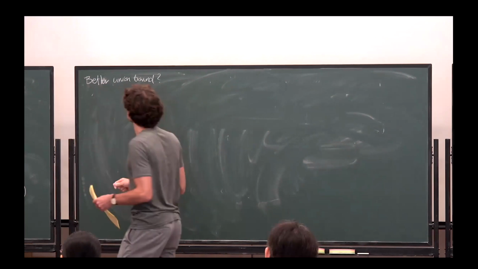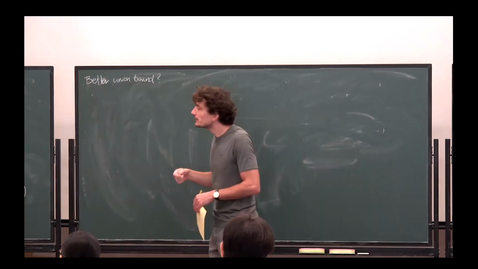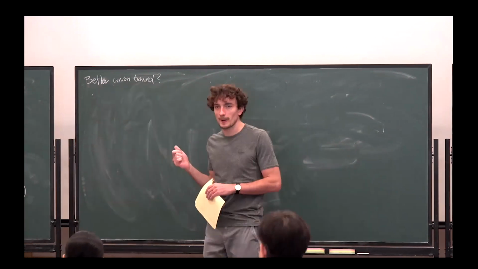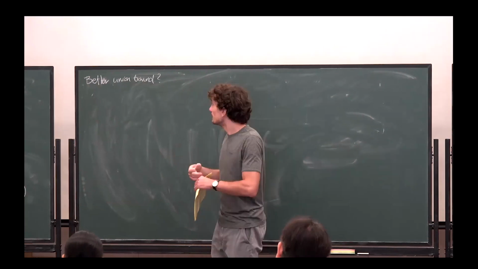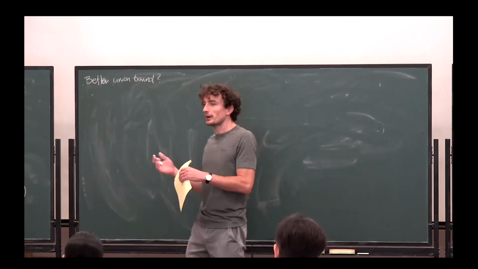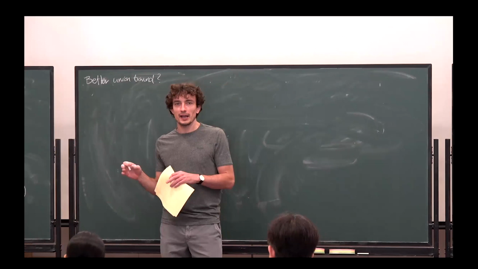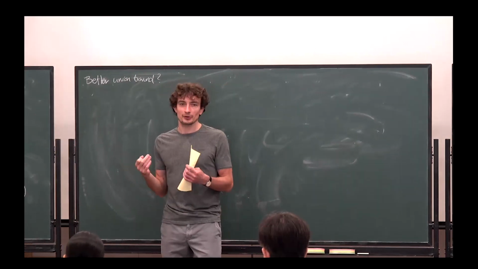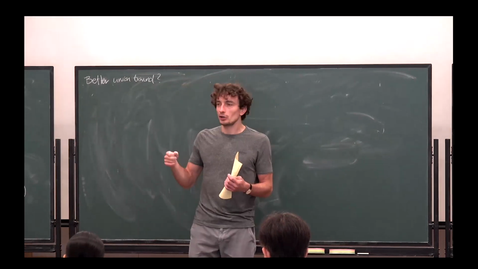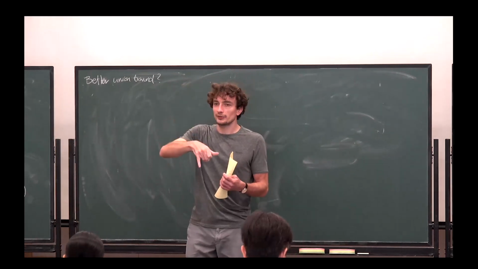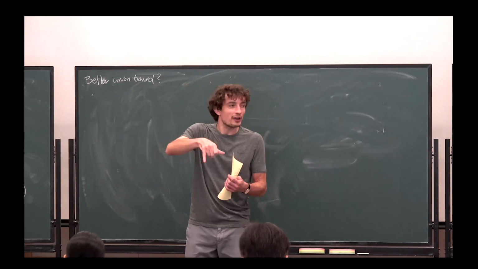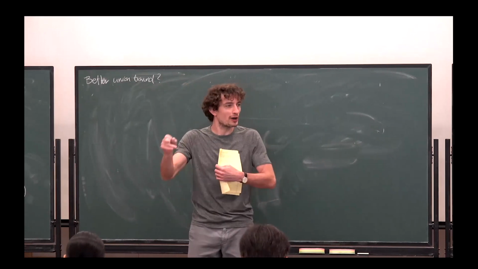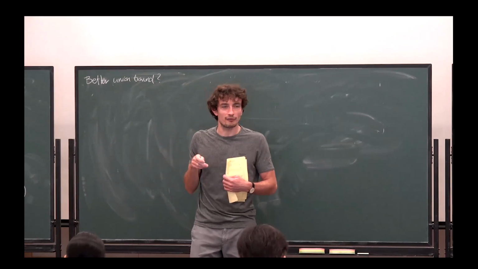Now, the better union bound comes from the following observation. Every triangle-free graph is contained in some maximal triangle-free graph. What do I mean by a maximal triangle-free graph? I mean that you can no longer add any edges because every edge that is not in the graph will close a triangle with edges that are already in the graph.